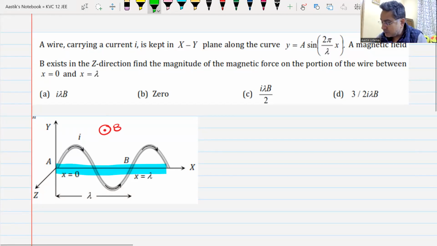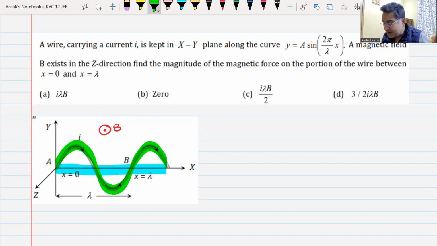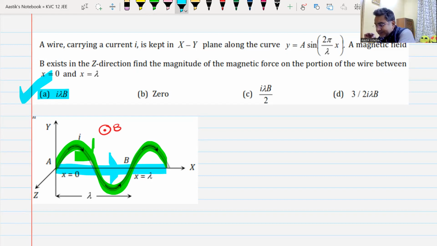Whatever is the magnetic force on the green wire, that will be the same as the magnetic force on the blue wire, because the net force acting on the entire loop is going to be 0. The force on this straight wire is I into lambda into B, and that is the answer that we are looking at. Do we understand this? Yes or no? Yes. You understand this? Yes, sir.